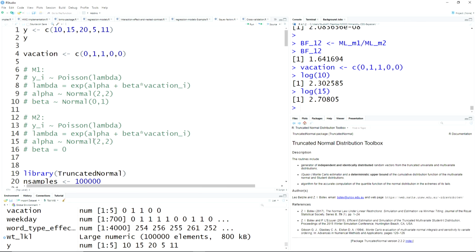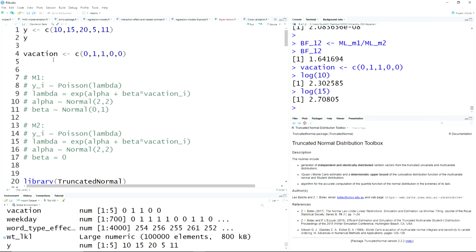Okay. But what does this imply? Beta equal to 0 means that model 2 assumes that there is no effect of vacation on the rate of road accidents. Model 1 assumes that there is some effect of vacation on the rate of road accidents. These models are implementing two competing hypotheses. Model 1 implements the hypothesis that vacation affects the number of road accidents. Model 2 assumes that vacation does not affect road accidents.